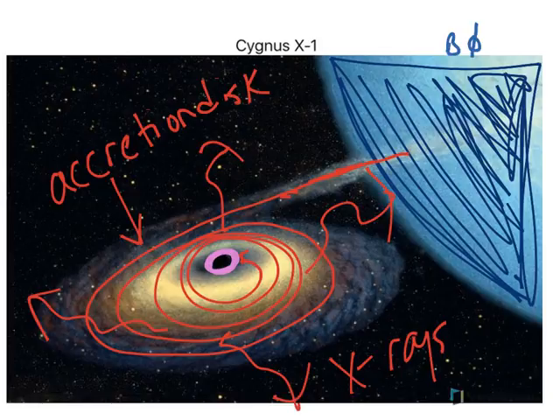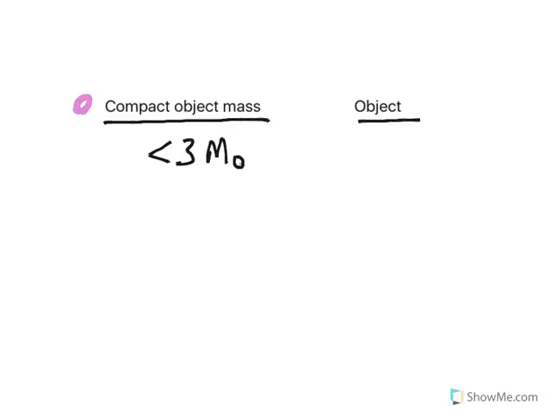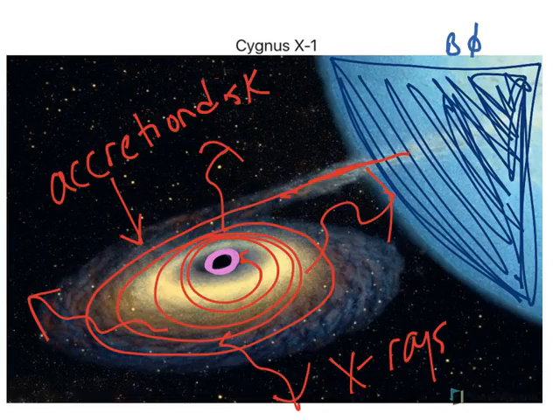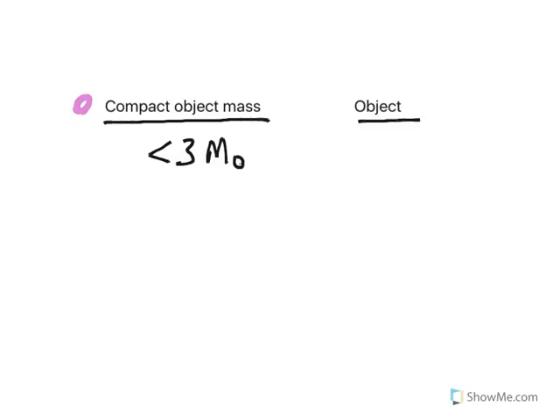So one way to look for a black hole star is to look for the binary and then to look for the X-rays coming off the binary. But this won't necessarily guarantee that the central star is a black hole. It could be a neutron star. Now, if the compact object, the mass that I colored purple in this diagram, is less than 3 solar masses, then the object will be a neutron star.